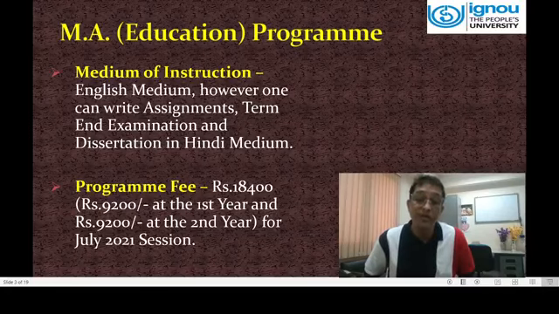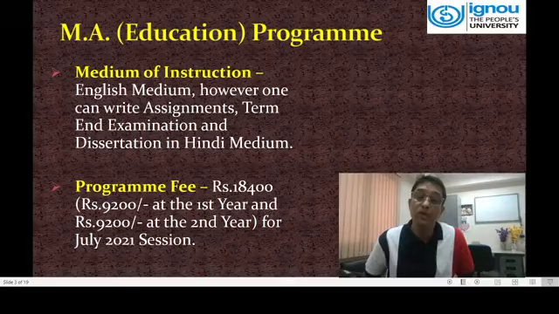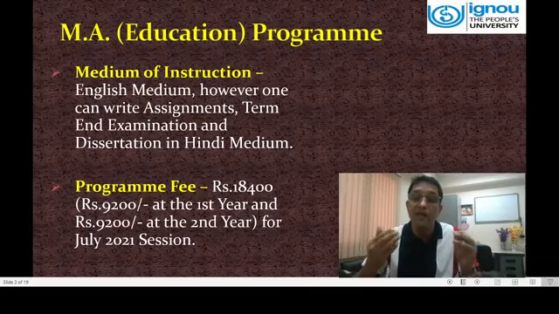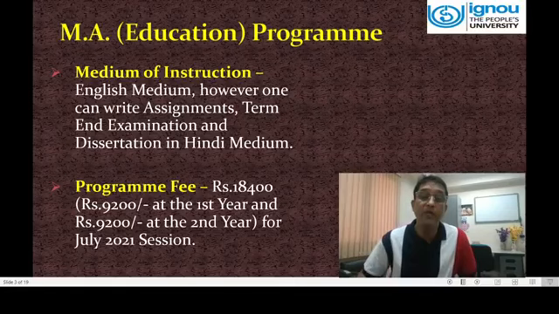You have to pay that in 2 installments. That means during the online admission in the first year, you have to pay 9,200, and after completion of the first year, when you take readmission at the beginning of the second year, you have to pay the second installment of 9,200. So the total program fee is 18,400.